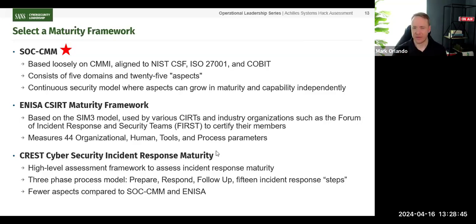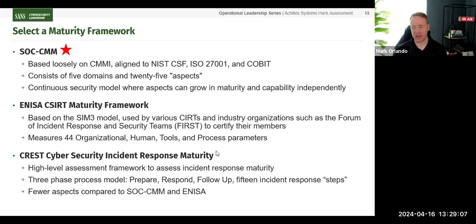Some other similar models, the ENISA CSIRT maturity framework and the CREST cybersecurity incident response maturity framework, which is a mouthful. Both of these are a bit more incident response focused, which could be more appropriate here. They measure, compared to SOC CMM, fewer elements, fewer aspects.